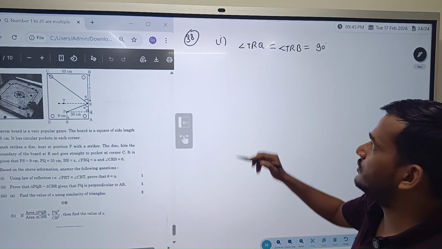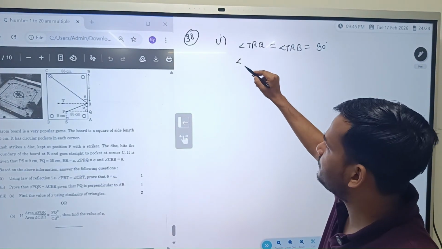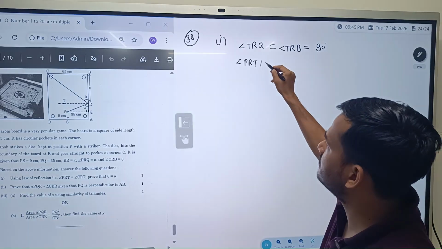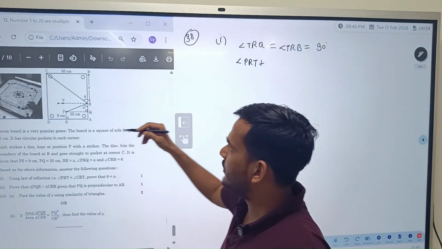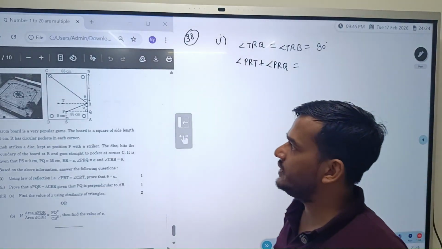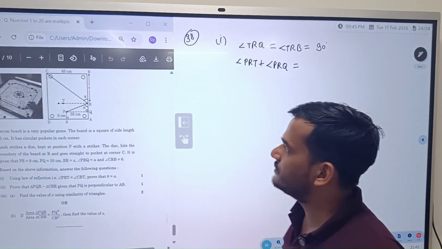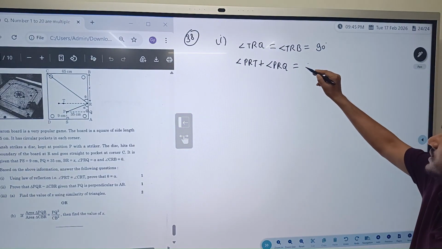Now TRQ is equal to PRT plus PRQ, and angle TRB is equal to CRT plus CRB.